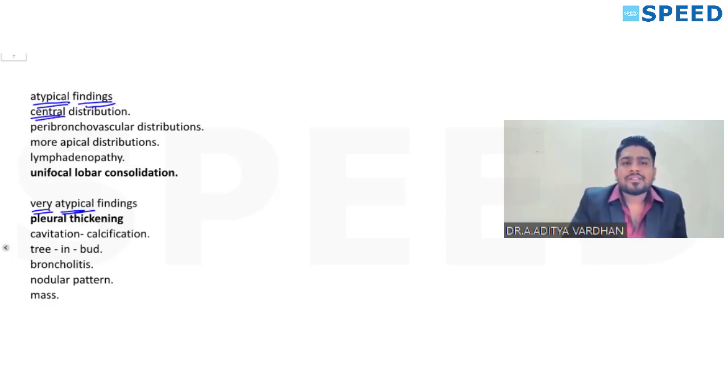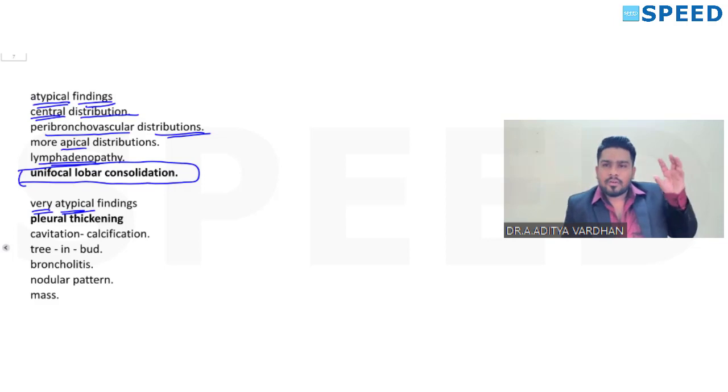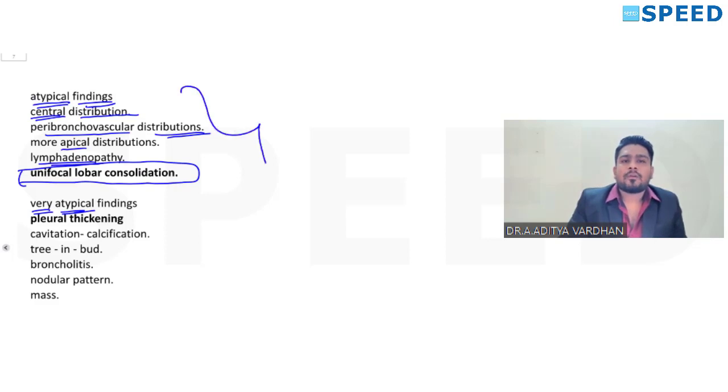They are central distribution, peribronchovascular distribution, around the bronchovascular area, more apical distribution, presence of lymphadenopathy. And look here, I have bolded it for you, unifocal, a particular focus, that means a particular lobe undergoing consolidation. These are all atypical of COVID-19.